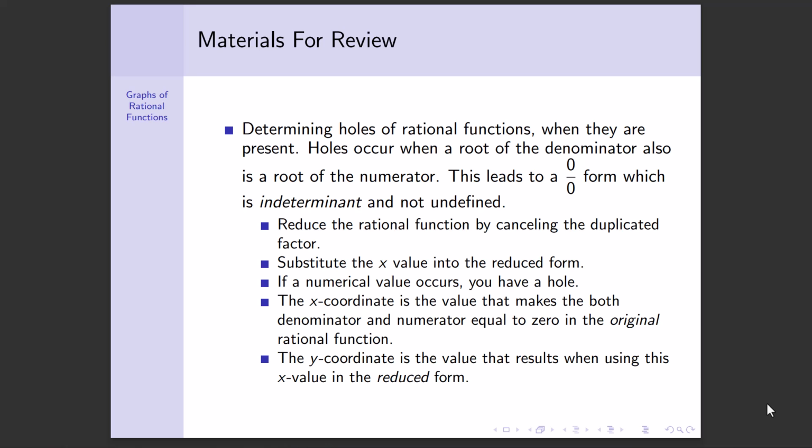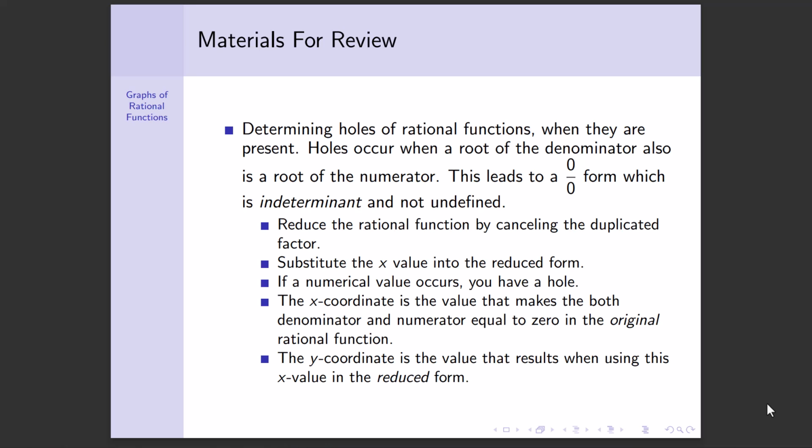We're going to reduce the rational function by canceling the duplicated factor. We're going to substitute x into the reduced form. This x value is the x value that gave the 0 over 0 form for the original rational function. If a numerical value occurs after I do this substitution, then we have a hole in the graph.